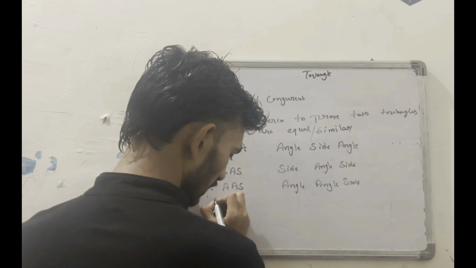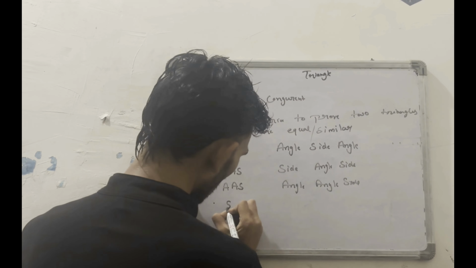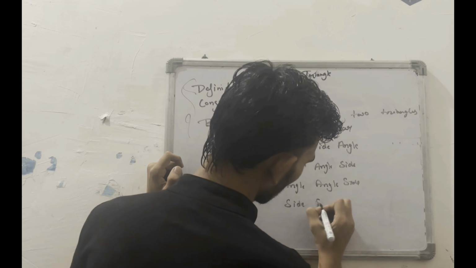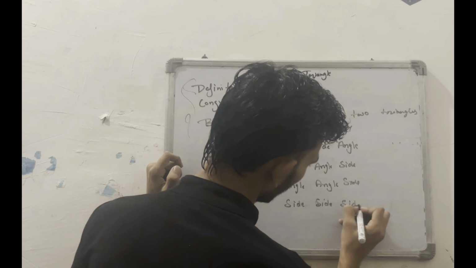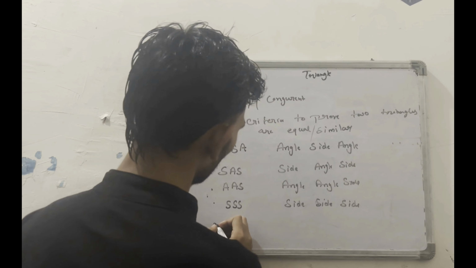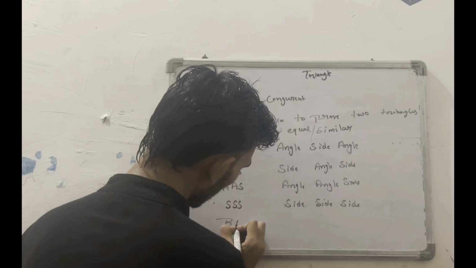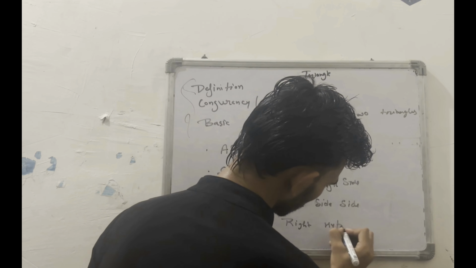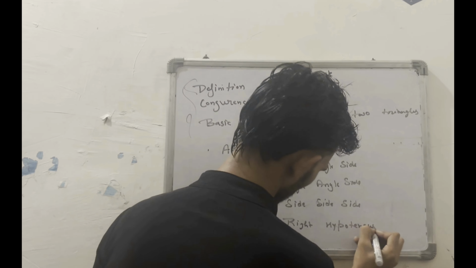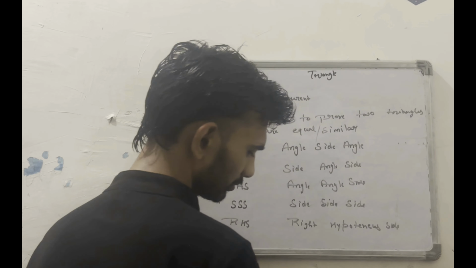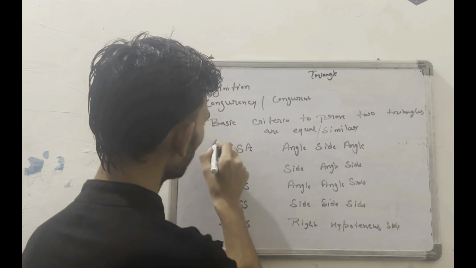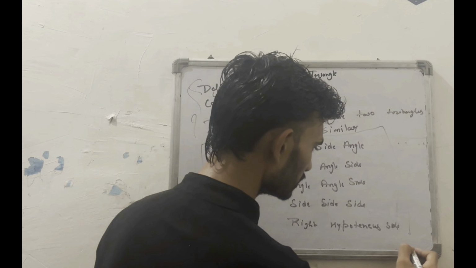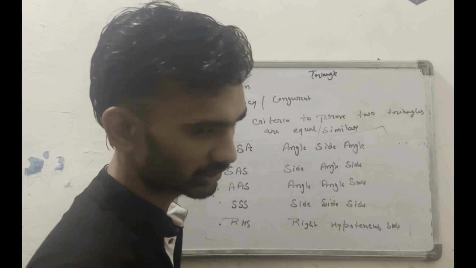Then after your thing is SSS, that is your side, side, side. Then after thing is that your RHS, right angle, hypotenuse, side. Okay, these 5 properties help to prove a triangle is similar or congruent.